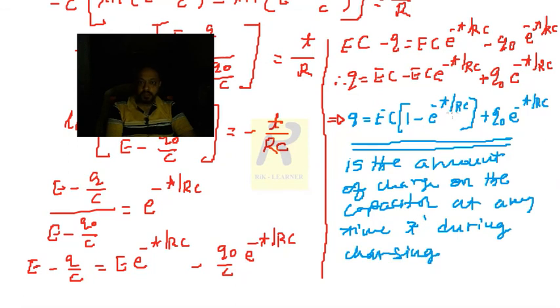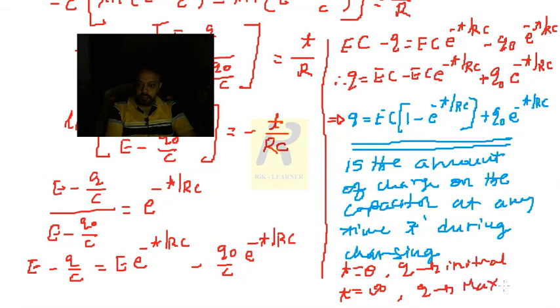You must know that when t equals 0, we will get the initial charge. When t equals infinity, that will give the maximum charge. So you must know it before. If t equals 0, q equals initial charge. If t equals infinity, then we will get q as the maximum charge. So these clues you must know.